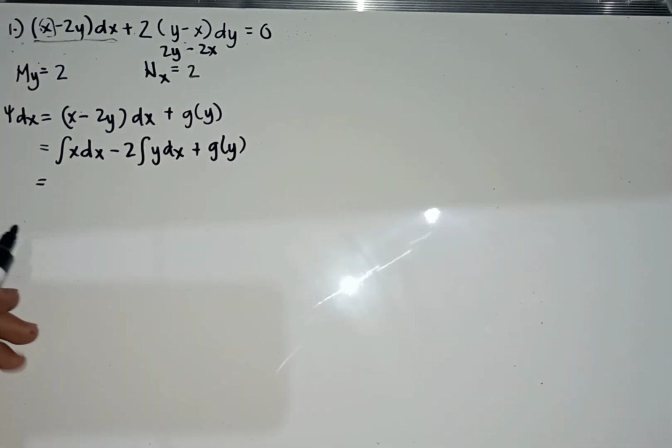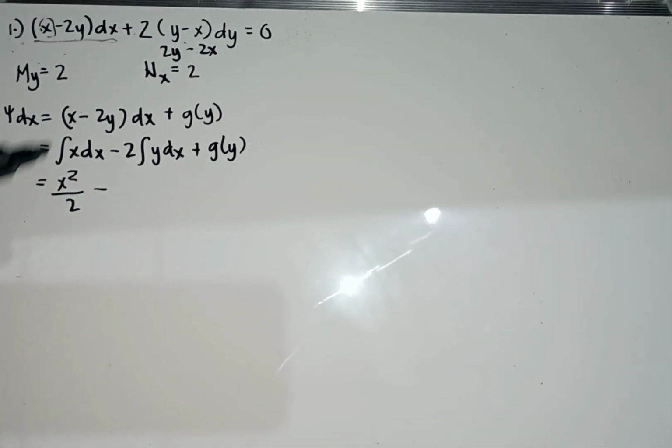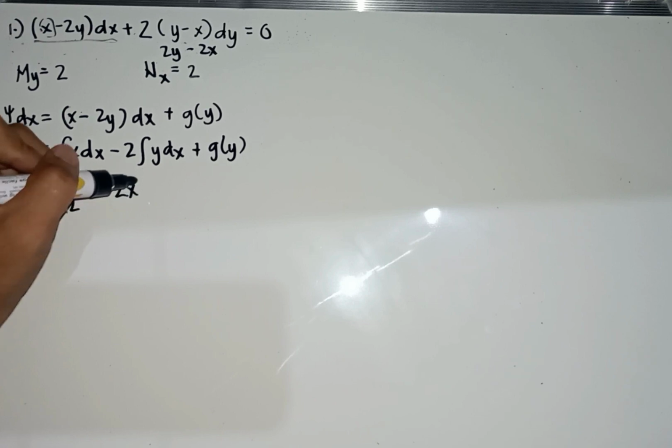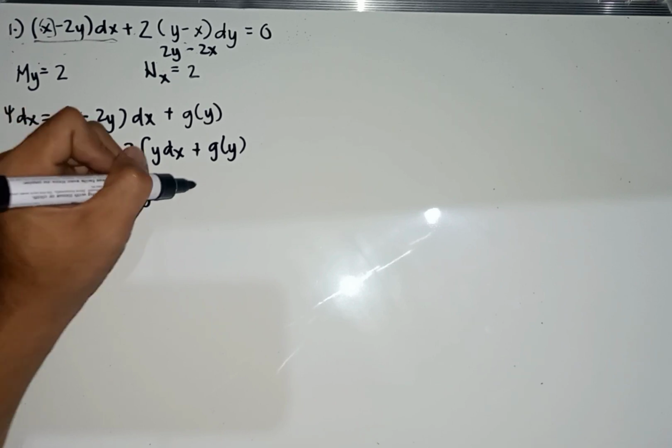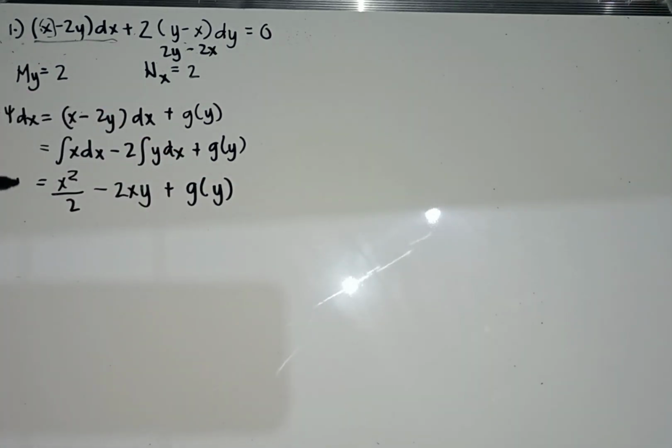Next we're just gonna integrate this, so that would be x squared over 2, just the power rule, minus 2xy plus g of y. This would be our psi.